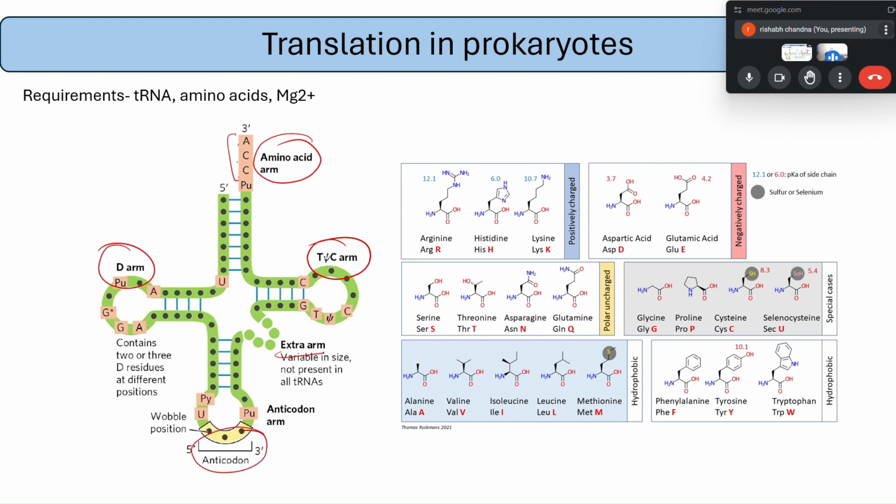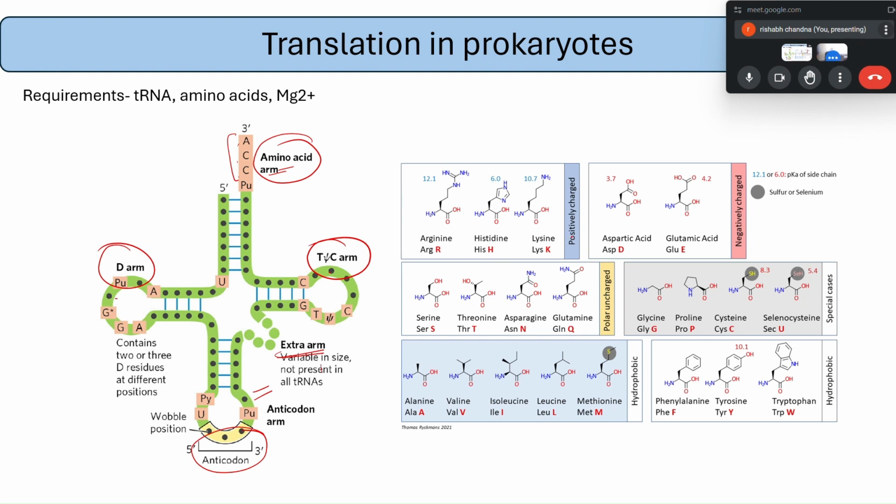We have the extra arm also that is variable in different tRNAs. The D arm and the T-psi-C arm help in the positioning during the translation process, and the anticodon recognizes the codon present on the mRNA, and the amino acid arm carries the amino acid that needs to be bound to that particular codon.